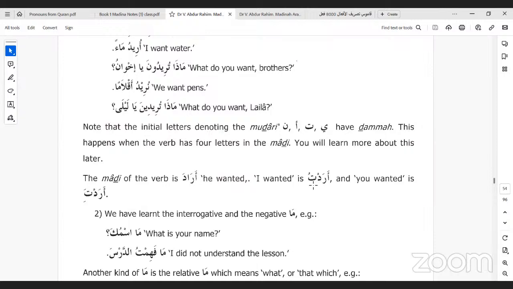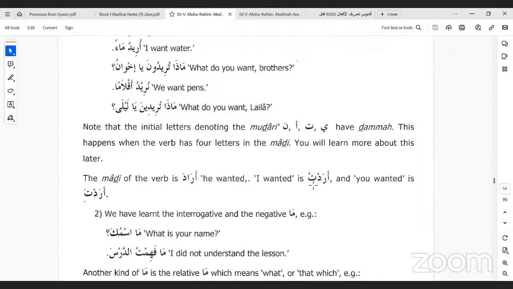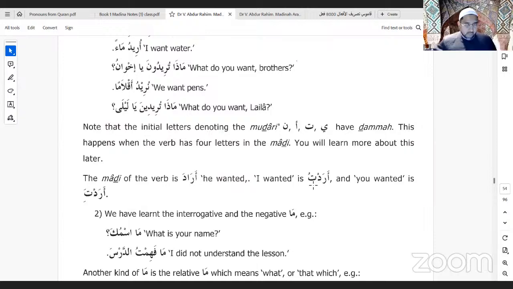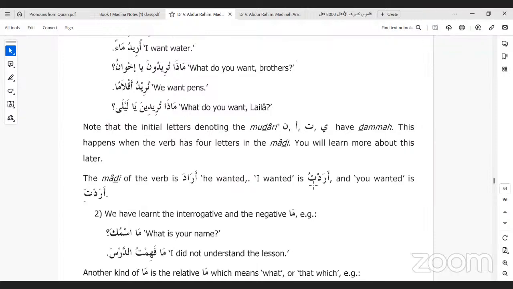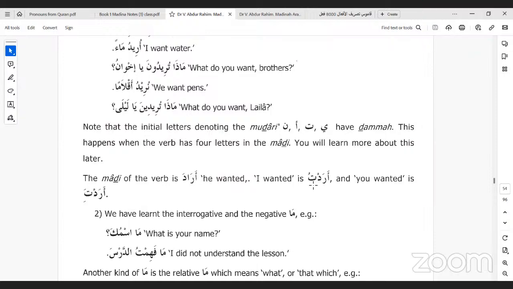Okay. Arada, he wanted. Aradat, she wanted. No. Arada, aradu, the first he, for the male. That's right. Arada, aratuma, no. What's happening, Batul? You're going from he to you. So huwa, huma, hum.